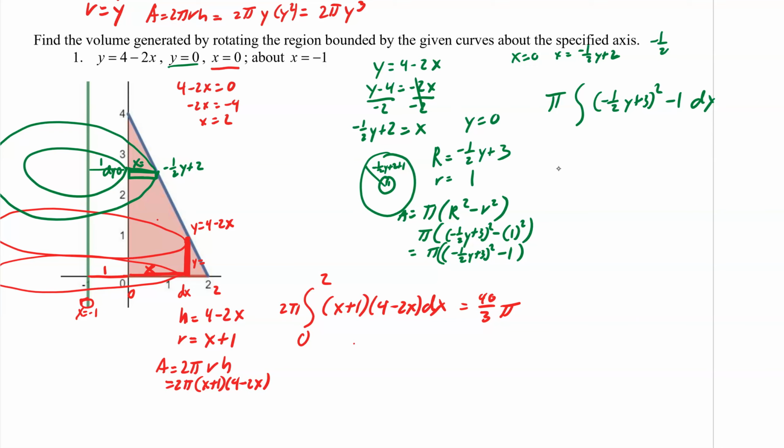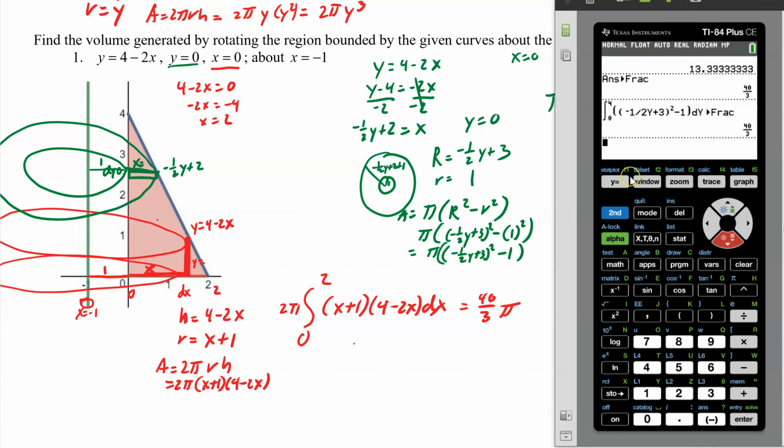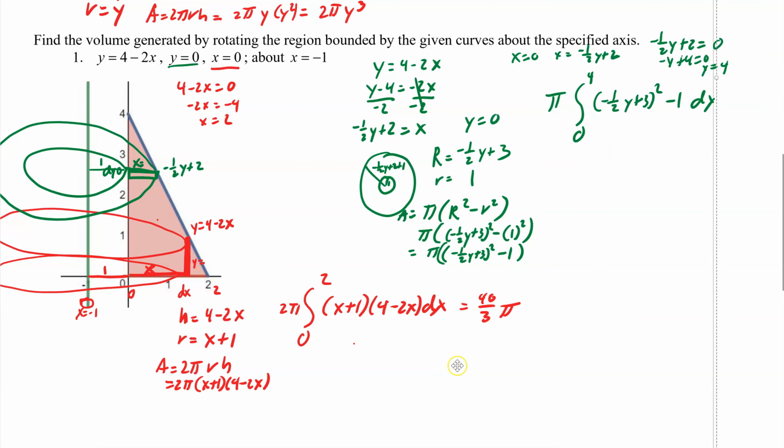So negative 1/2 y plus 2 equals 0, and then solving that would give me negative y plus 4 equals 0, so you can see y equals 4. Now the other way is just to plug 0 in. We know this is our function, so you could just plug 0 into our y equals function, and it'll tell us it's 4. But no matter what, we're going from 0 to 4. Okay, so now we just have to plug that in our calculator, and we should get 40/3. And so plugging this in our calculator gives us 40/3 pi, which is the exact same answer.